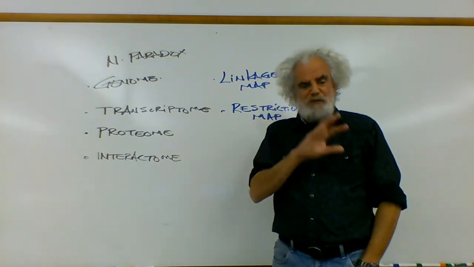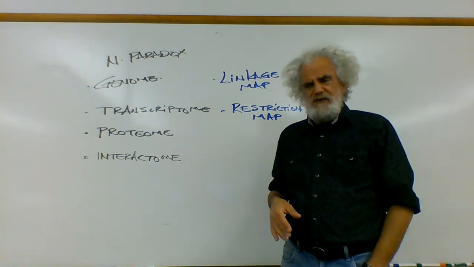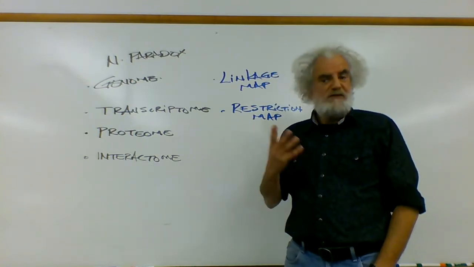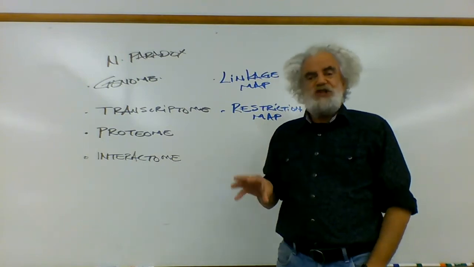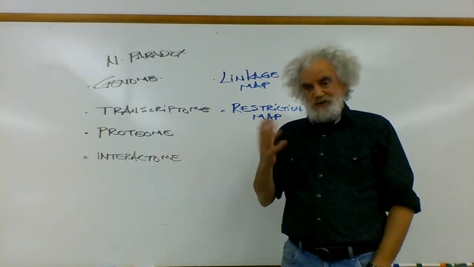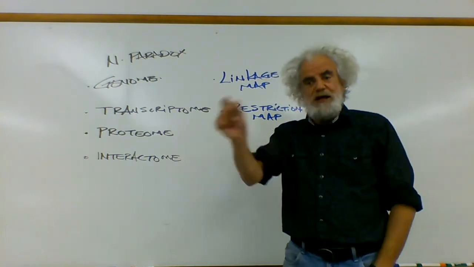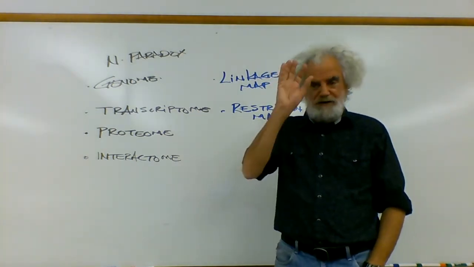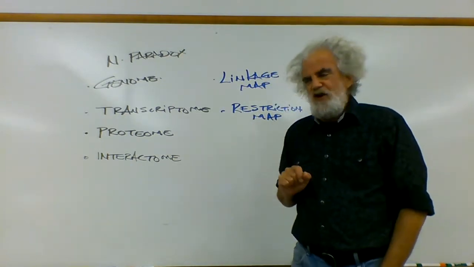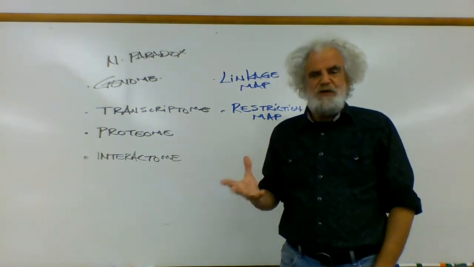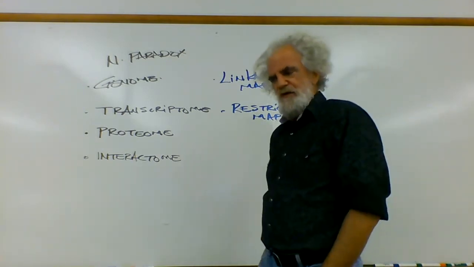And one of the points that was made at a fly meeting that I attended back in the early to mid-90s was the fact that the fly community had begun sequencing the genome, and about 20% of the genome had been sequenced the old-fashioned way by looking at individual genes and identifying interesting genes and sequencing them first. So with the fly genome being a little bit smaller, that's possible. The human genome required a lot more strategy, and we'll be talking about that here in a bit.